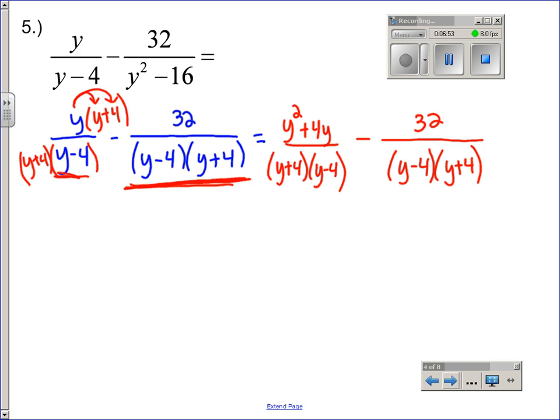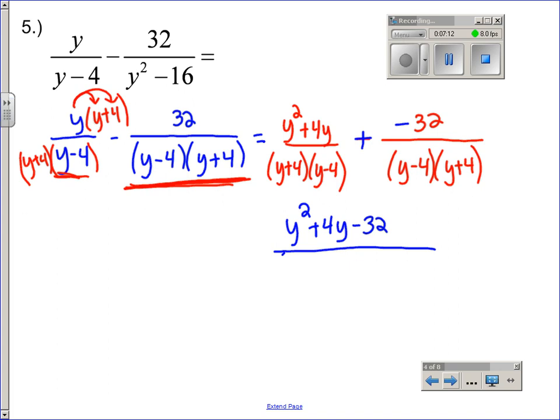Now, what do we do with subtraction again? Right, change it to addition, change the signs after it. Now combine like terms on the top. We have y squared plus 4y minus 32.